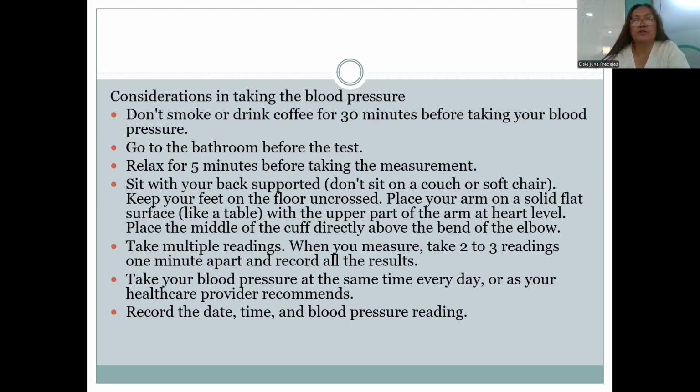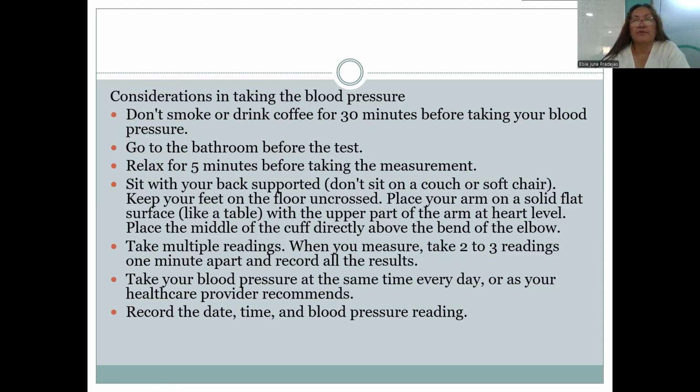First, don't smoke or drink coffee for 30 minutes before taking your blood pressure. So you ask the patient if she has just had coffee or smoked before coming to the facility, 30 minutes before taking the blood pressure.